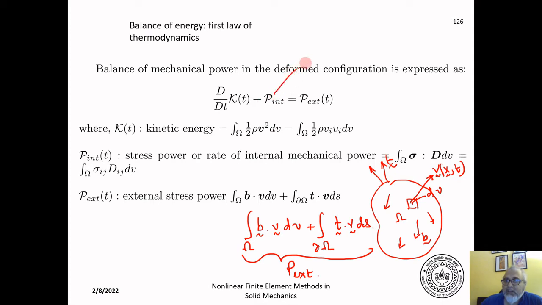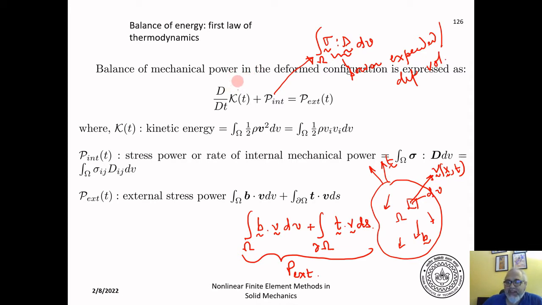This work done, or this power expended, is given by sigma dot d integrated over the volume. So this is the power expended per unit deformed volume.